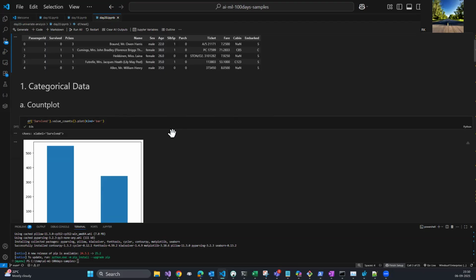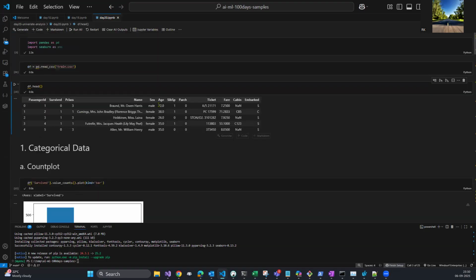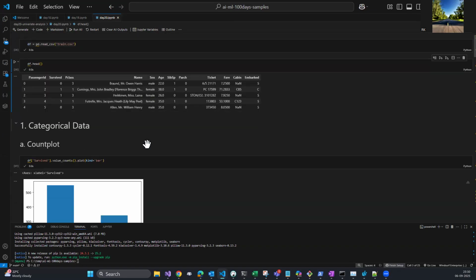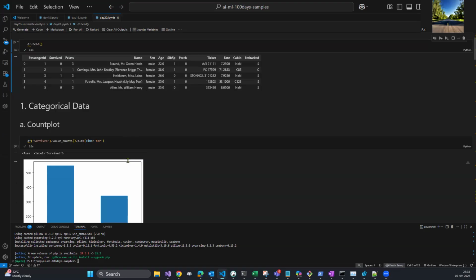So how do we visualize categorical data? For categorical data, for example, sex, or this column here, we will be doing a count plot.